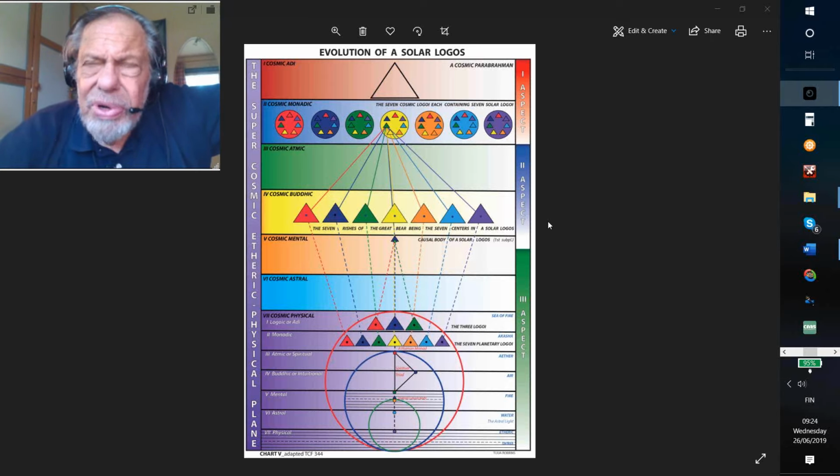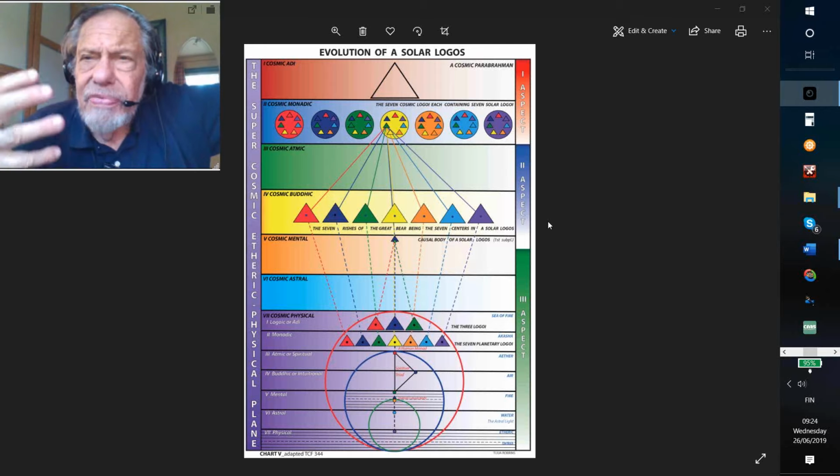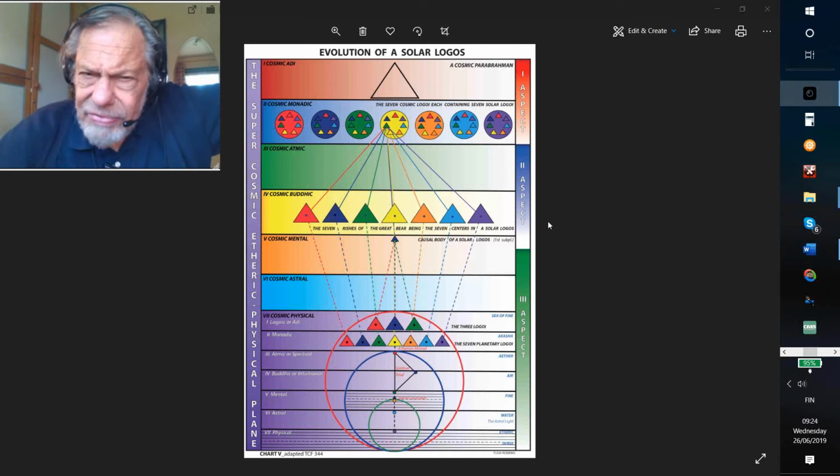So different groups of devas from the signs, not so much from the constellations, but from the signs, come in and condition everything. And we're supposed to take advantage of that every month to build our causal body.